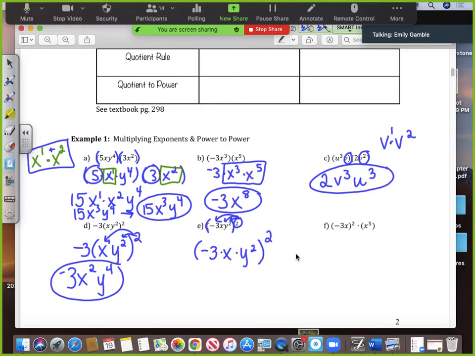When I take this 2, I'm going to be distributing it to all 3 of the terms inside of the parentheses. Anything that doesn't have an exponent right now does have an exponent. It's just not written. The exponent is 1, and it's just invisible. So if it's helpful, you can write the exponents there so you can see them.